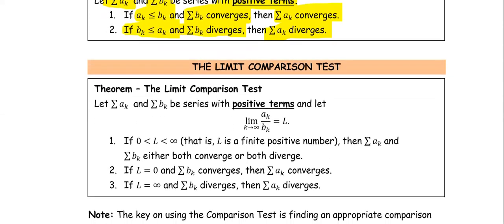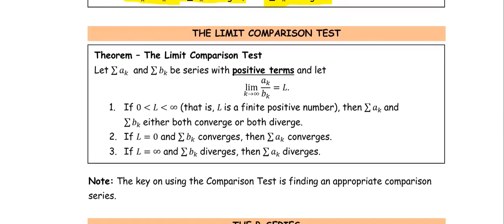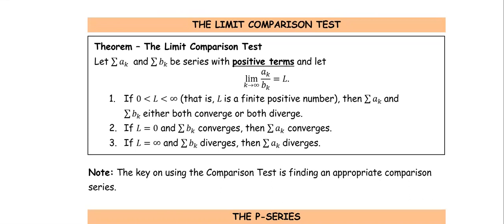The second comparison test is called the limit comparison test. Let the series a_k and b_k be series with positive terms. Let the limit of the ratio a_k over b_k, as k approaches infinity, equal L. Case 1: if L is a finite positive number, then the series a_k and series b_k both converge or both diverge.